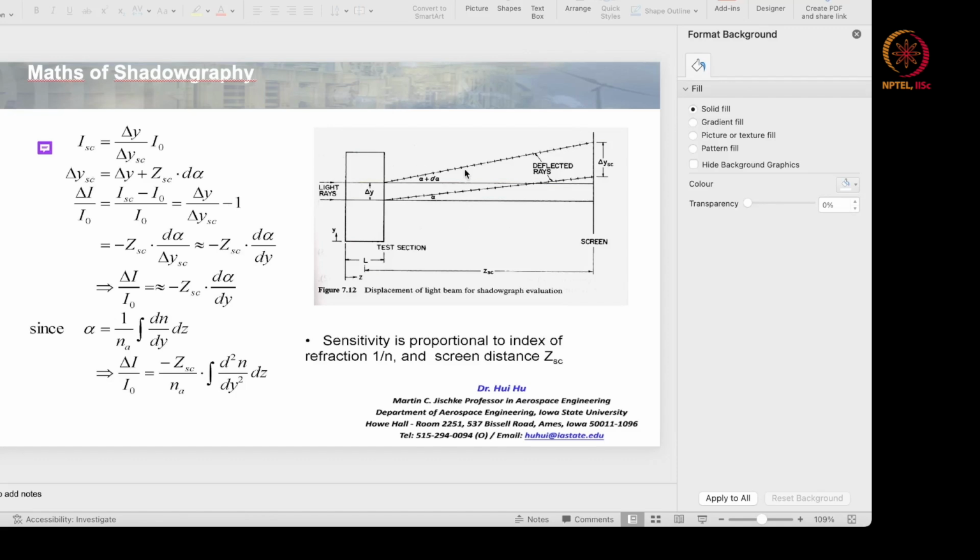So the sensitivity is proportional to 1 by n, the index of refraction, obviously, and the screen distance ZSC, and the integral of the variation of the second derivative of n with respect to y. So this is in general the math behind shadowgraphy, and why it depends on the second derivative.